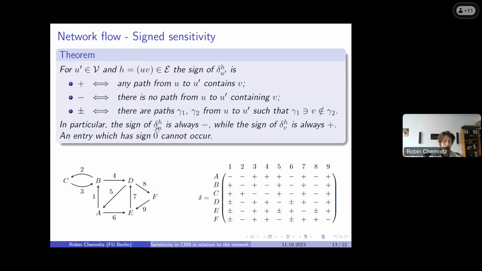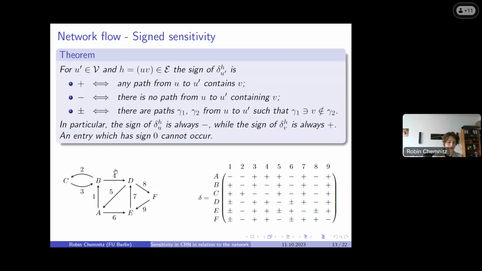In particular, the source node will always have a negative influence because no path from U to itself contains V, because the path is empty, whereas the sign of the target node will always be positive because any path to V will contain V.